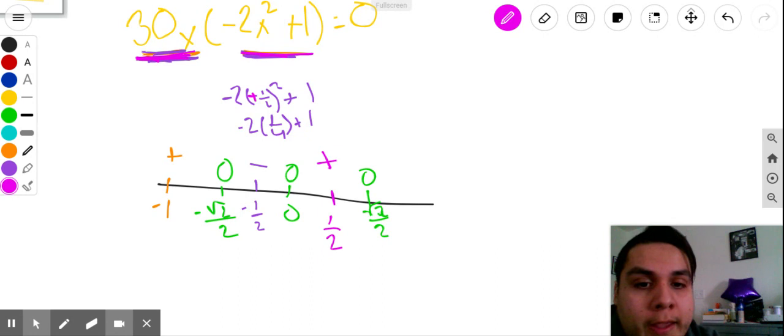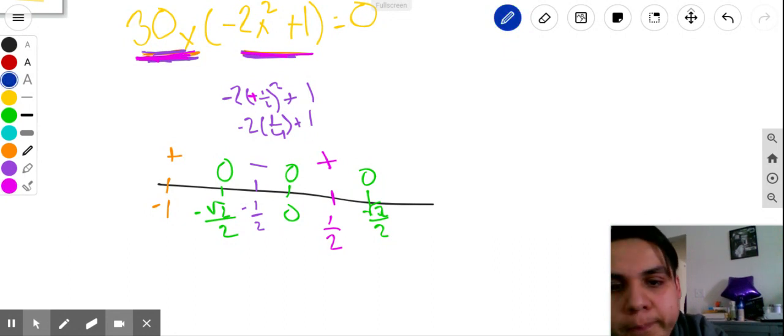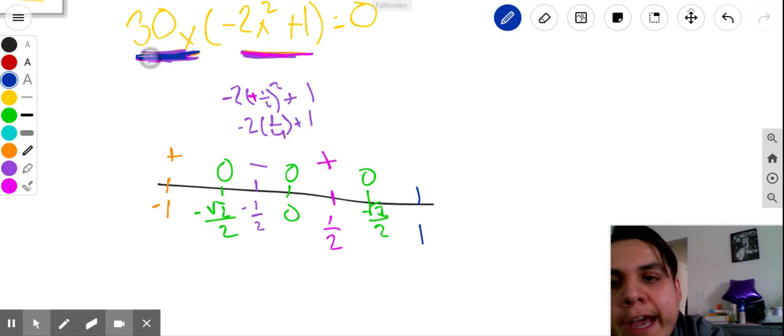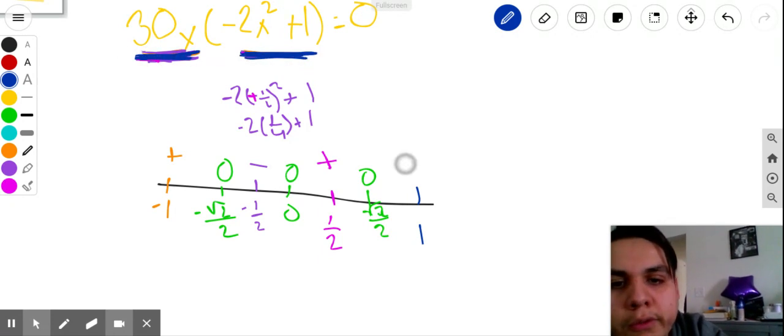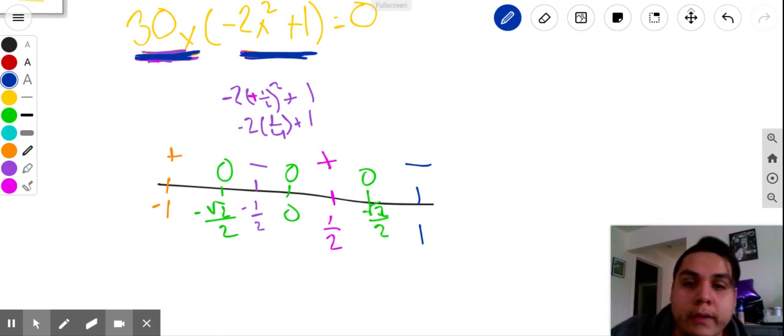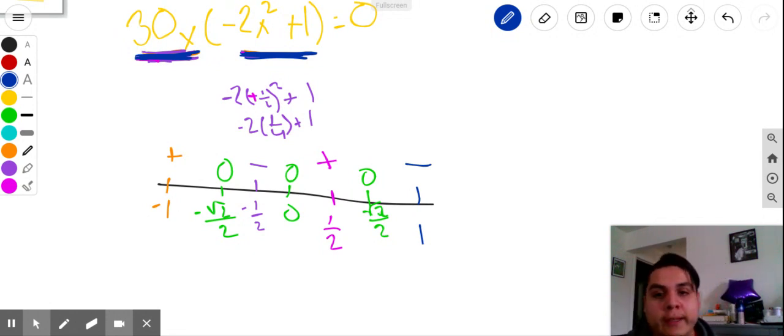And when I look at the last interval, I'm just going to choose a positive 1. That will be positive. This will be negative. So this will be negative. So as a result, here's what I can say.